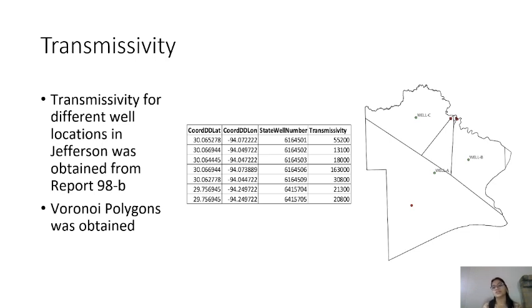For those locations, we created a Voronoi polygon, and after creating it, we checked in which Voronoi region our wells fall, and according to that we took the transmissivity for our wells.